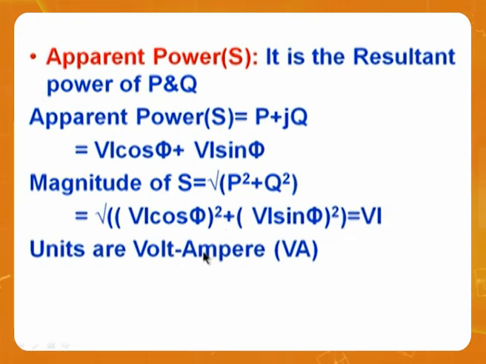So what we generally calculate, voltage into current, is basically volt ampere. This is called apparent power. It's called apparent because it looks like that. The actual powers are Vi cos phi and Vi sin phi, but this way it looks like the resultant power, so we call it Vi. These are the three powers we are really seeing.